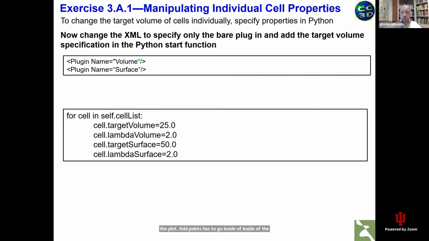Again, we can come back to that. So inside of the step function, if you want to plot the value for all cells, you have to have something that says for cell in self.cellList, and then add data point, and then the value. That has to be in the iterator. If it's outside of the iterator, it'll operate once on one cell and not do it for all cells.